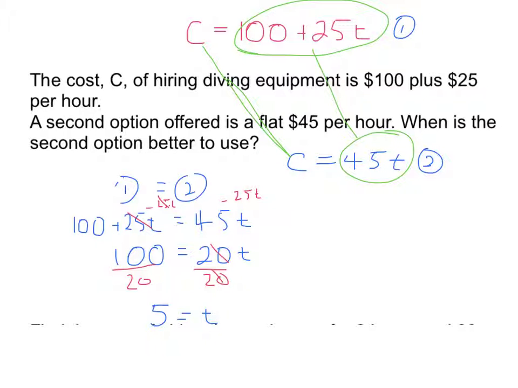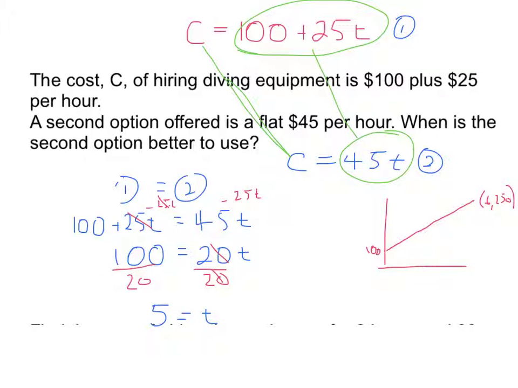Now, to have an idea of whether this is better before or after, a quick sketch of the graphs would be a good idea. So if you remember from the last part, the graph started at 100 and went through to 6 and 250.